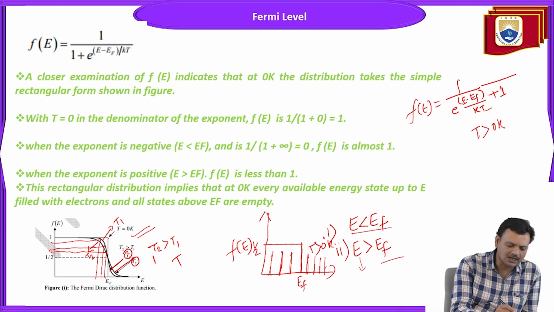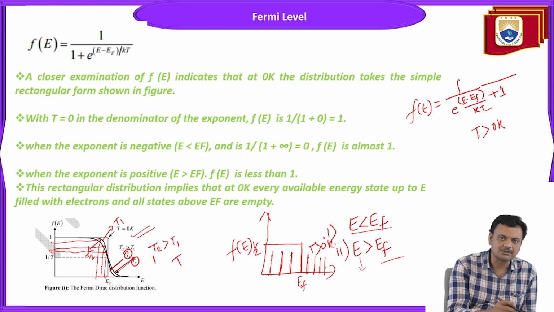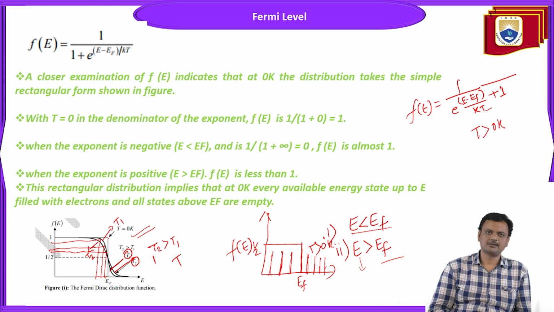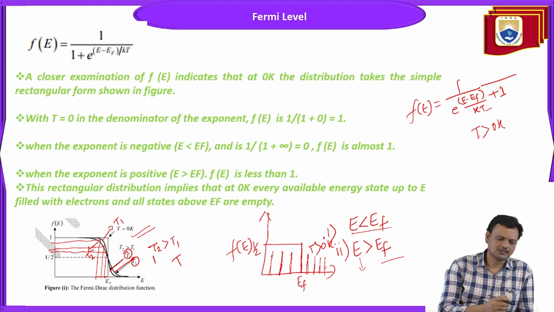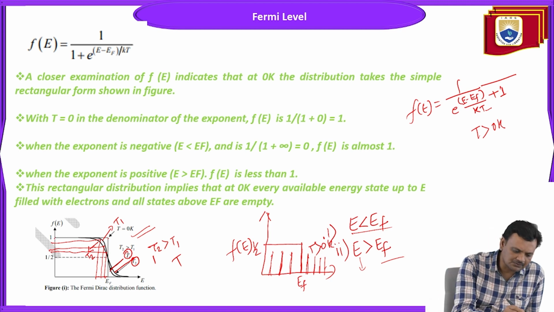Meaning there is a chance that these levels will remain unoccupied. Obviously the chance of occupancy is there, and even greater than 1 by 2, but there is some chance. Let's suppose this is 1, this is 1 by 2, and this is around 0.75.